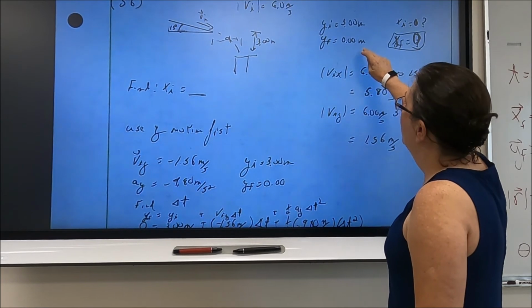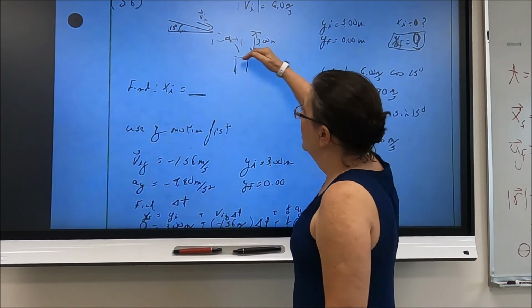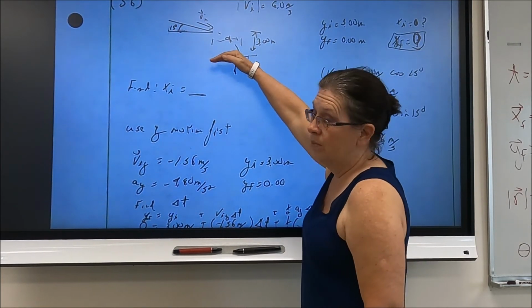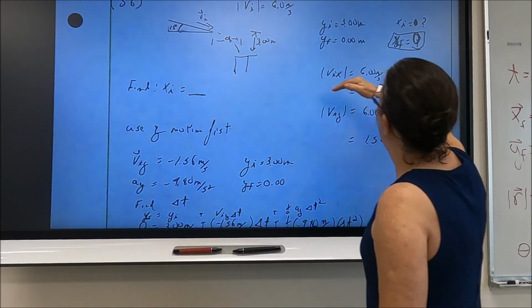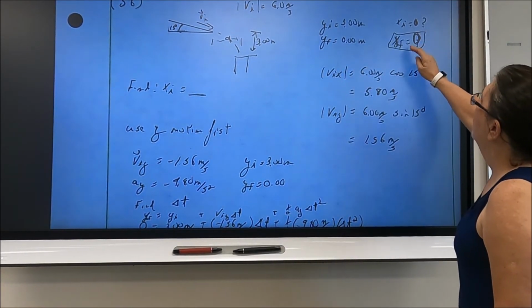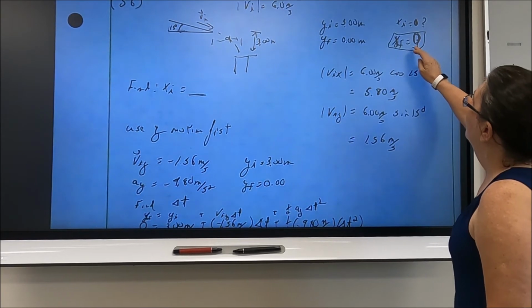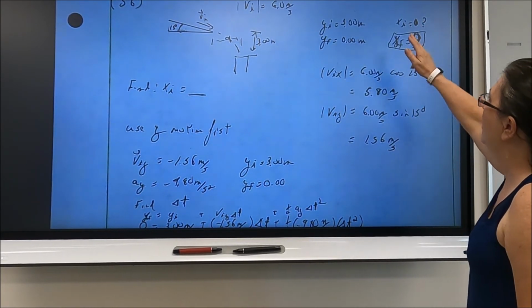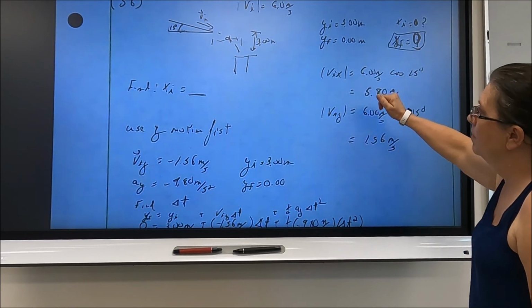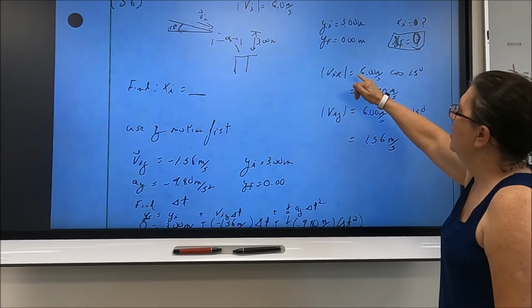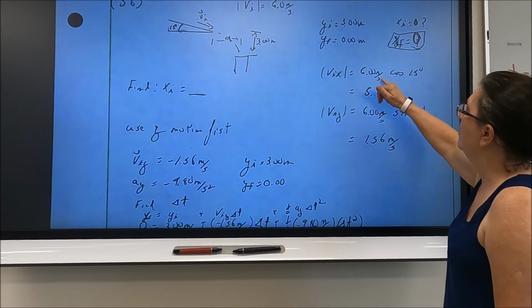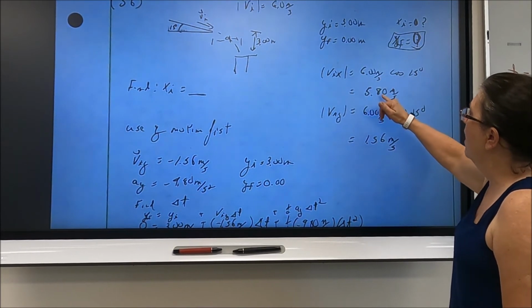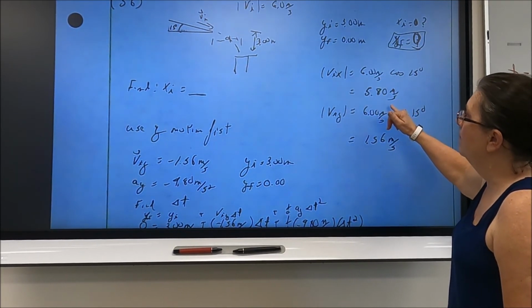Y final, I'm making 0. So I'm making my 0 vertical position at the top of the pipe. I'm making X final 0, and X initial I want to know. Okay? So velocity initial in the X direction is 6 cosine of 15, or 5.80 meters per second.